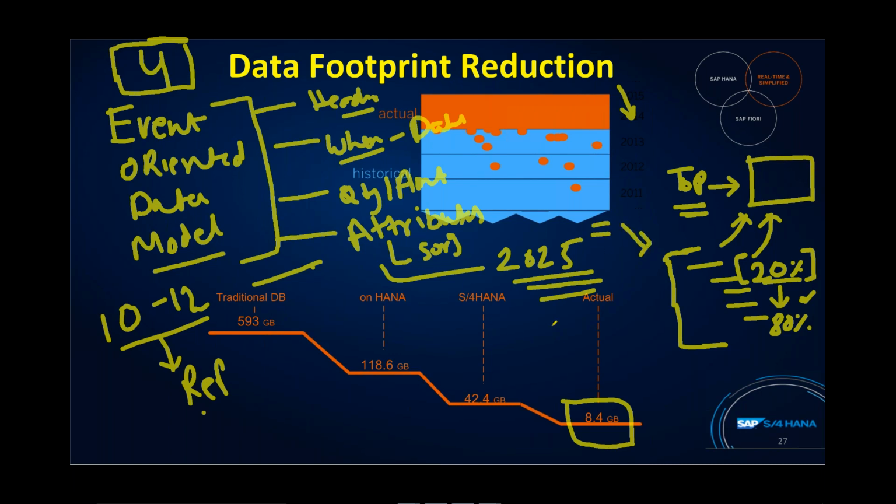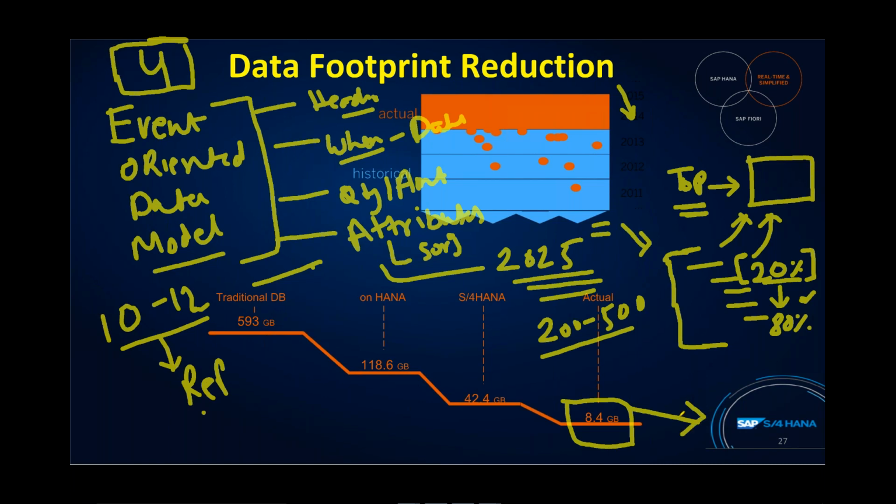We can imagine that we would be able to have around 200 to 500 tables with all of the data stored. So the event-oriented data model will be the future, coming after 2025, which will help to reduce data further.